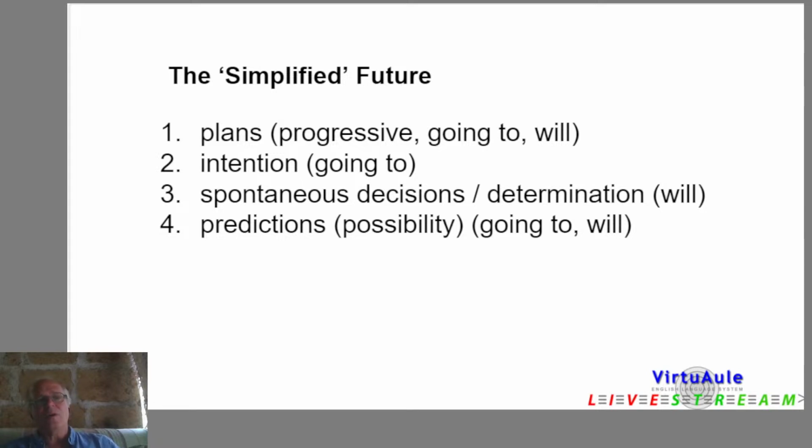So anytime that you want to express an intention, going to is the super phrasal auxiliary phrase that you can use. Going to. Now, on the other hand, when it's very spontaneous or when you want to express something of a determination, will is the super choice.